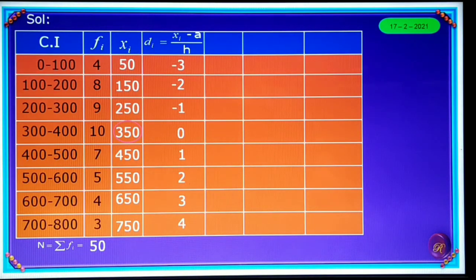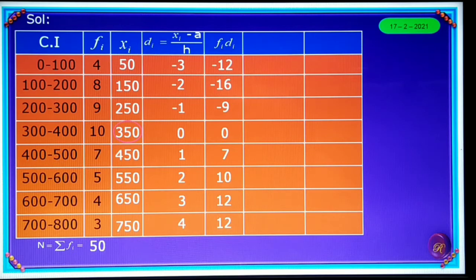Next column is for fi di. 4 into minus 3, minus 12; 8 into minus 2, minus 16; 9 into minus 1, minus 9; 10 into 0, 0; 7 into 1, 7; 5 into 2, 10; 4 into 3, 12; 3 into 4, 12.